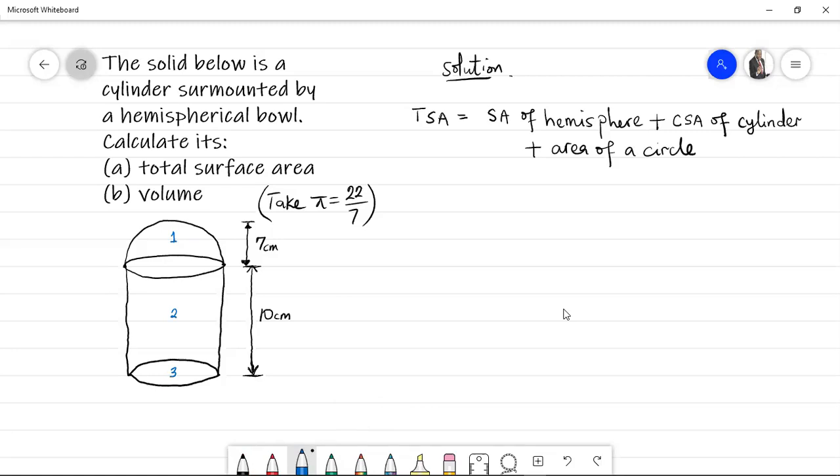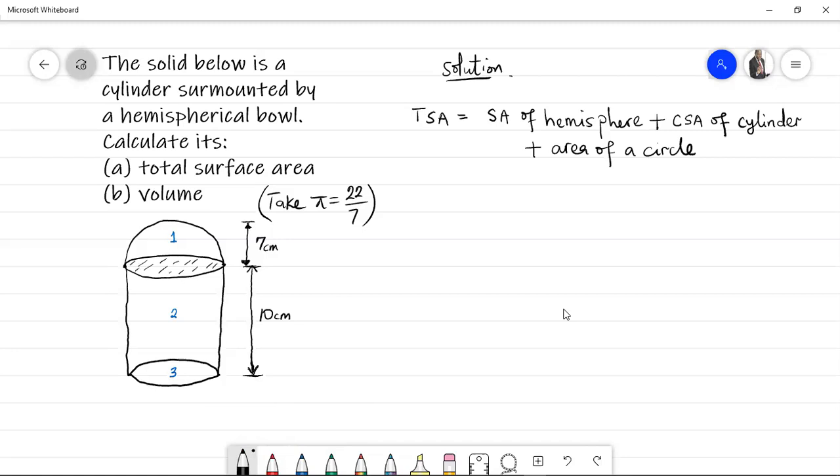Now be careful, take note that this circular part of the cylinder, the one I'm shading right now, you cannot see it because it is inside the solid.